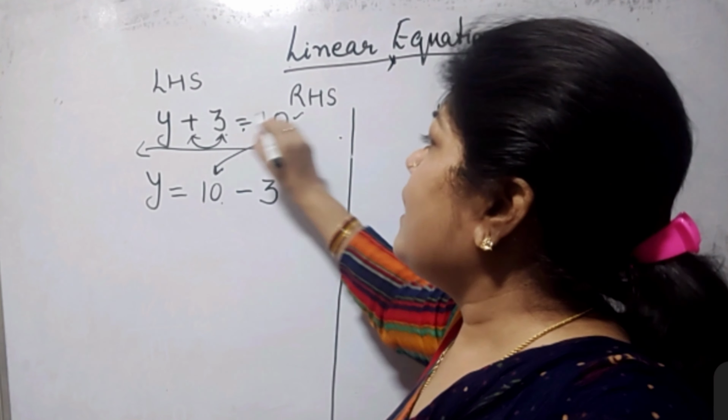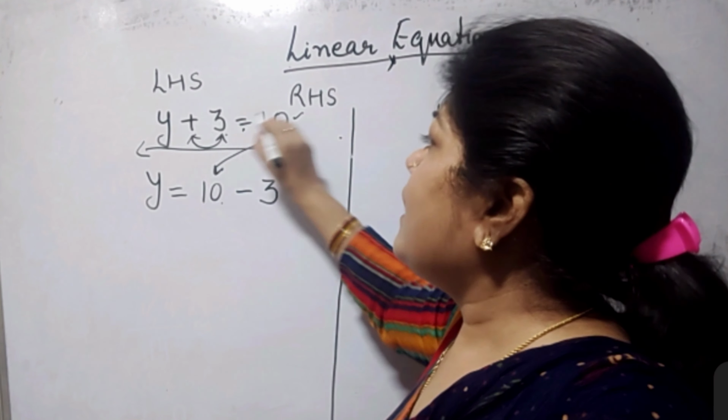So we have plus, so it is minus. Now similarly in this question we write y, then equal to, then 10. Now this is minus 3, it becomes what? Plus 3. Very good. Both of you are a little bit intelligent.